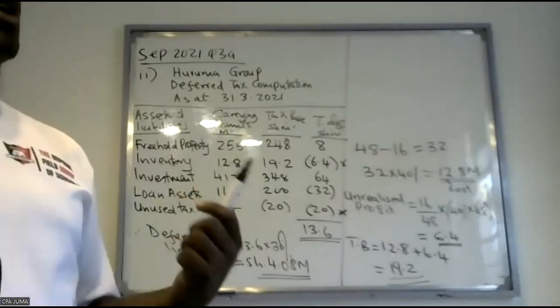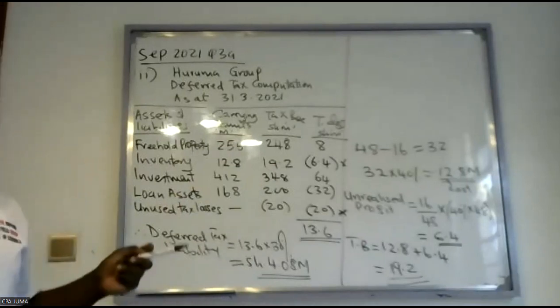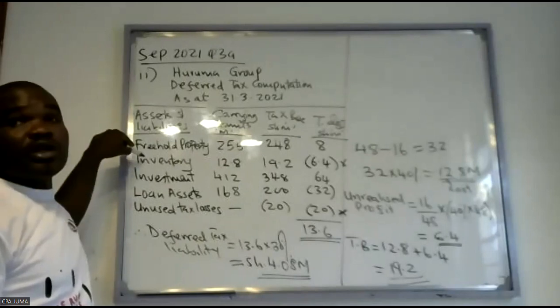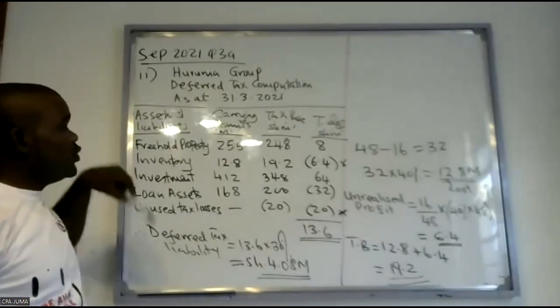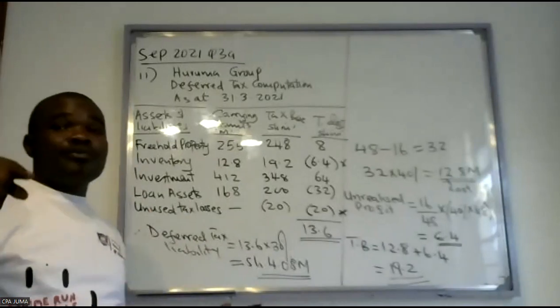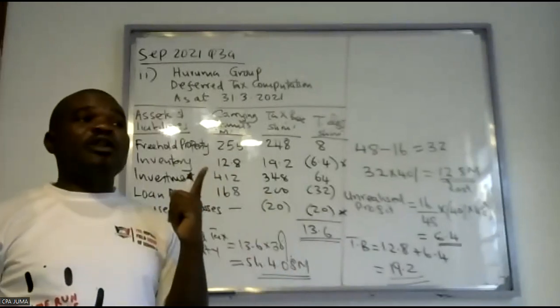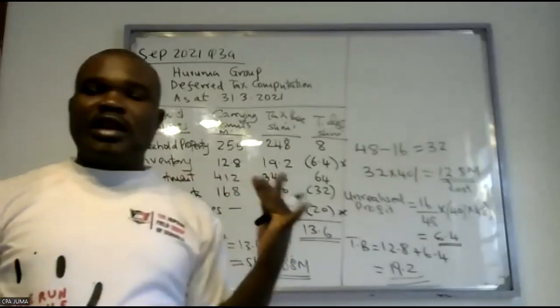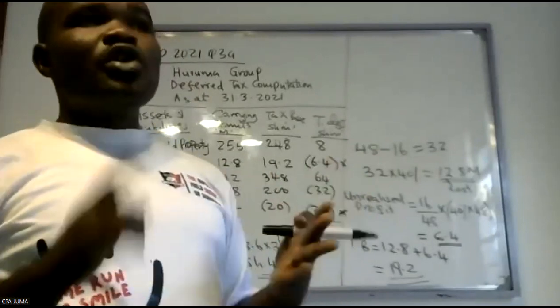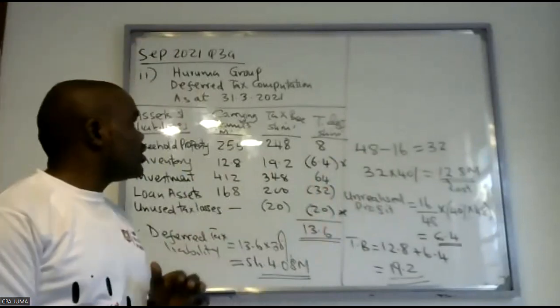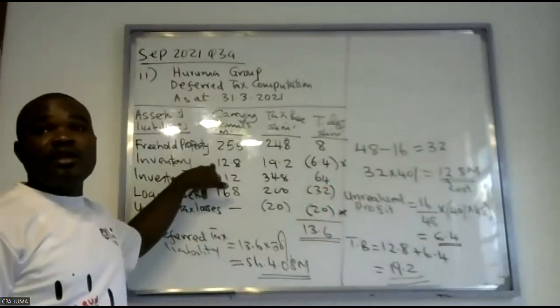So for the group aspects, what you need to know is the inventory issue, what you need to know about stock. Stock in the financial statements must always be recorded at the lower of cost and net realizable value. So we don't record stock at profits. Remember this stock was sold at a profit initially.